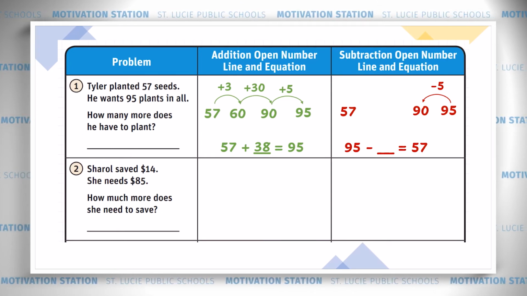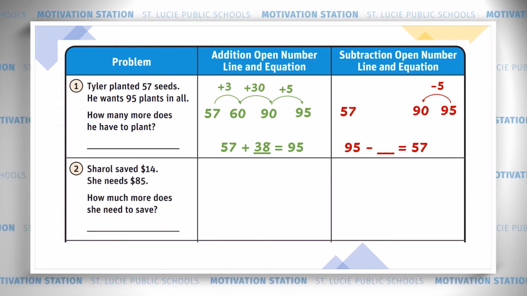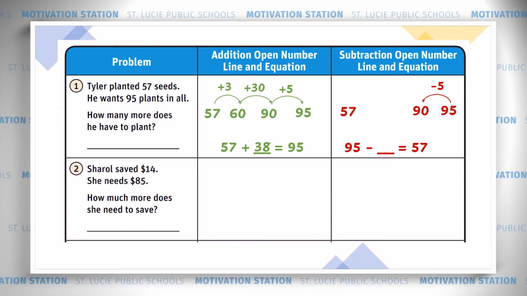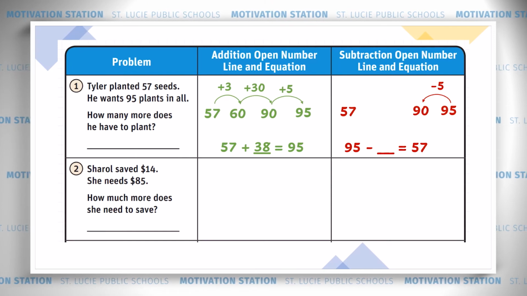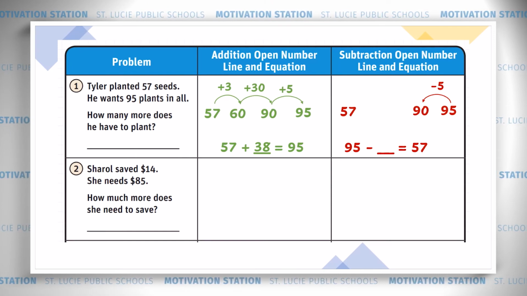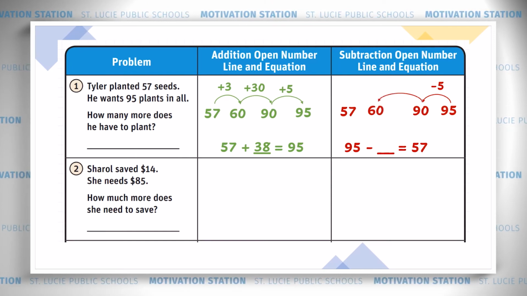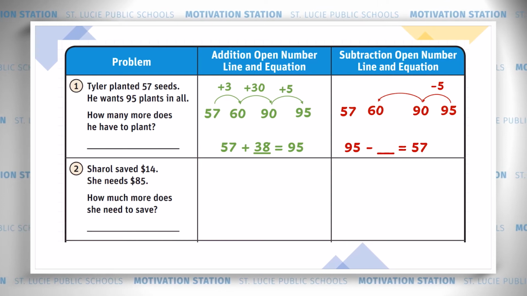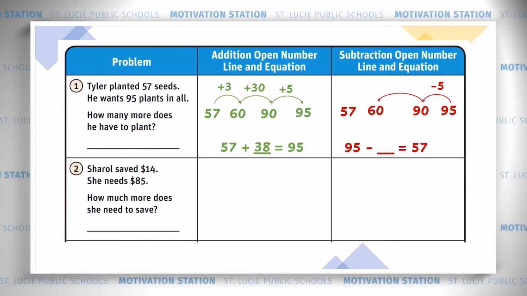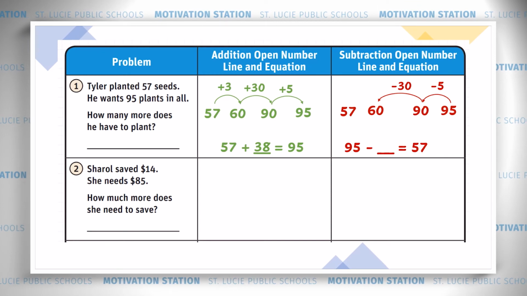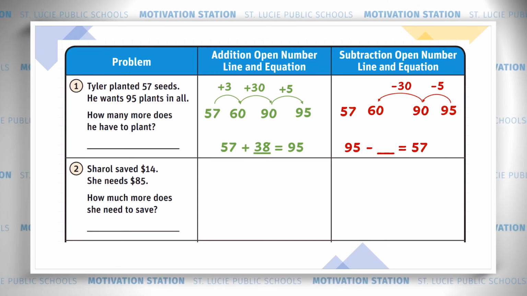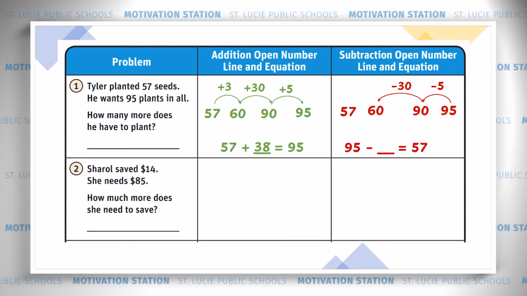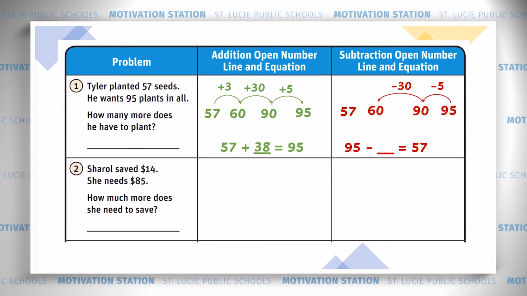Well, I can't go straight to 57, so I want to get to a nice easy 10 that's close to 57. Well, a 10 that's close to 57 would be 60. So 90 to 60 would be, that's right, minus 30. 90 minus 30 equals 60.